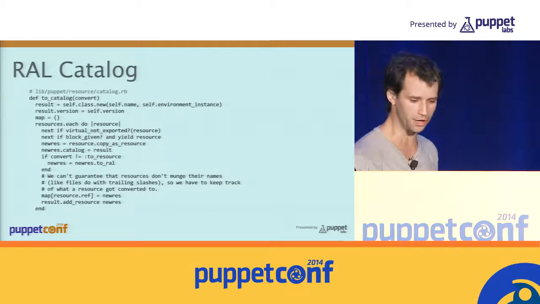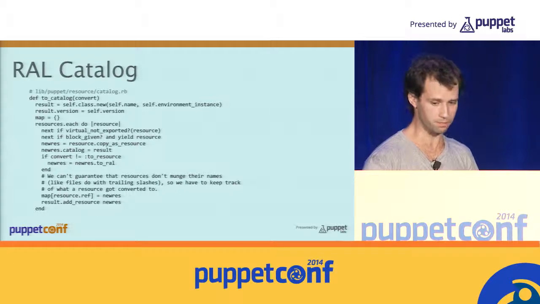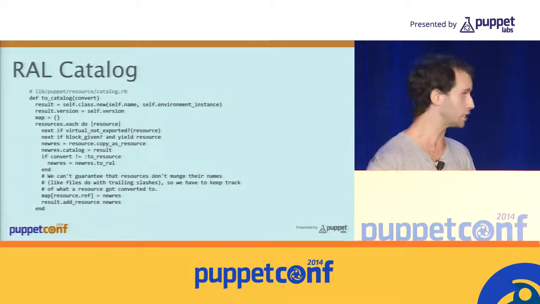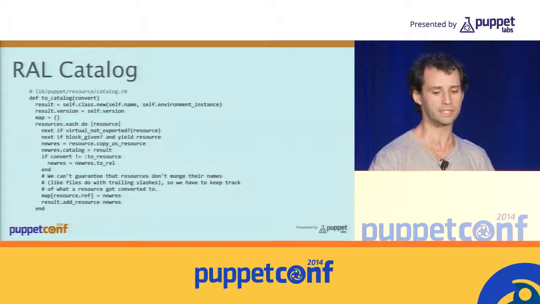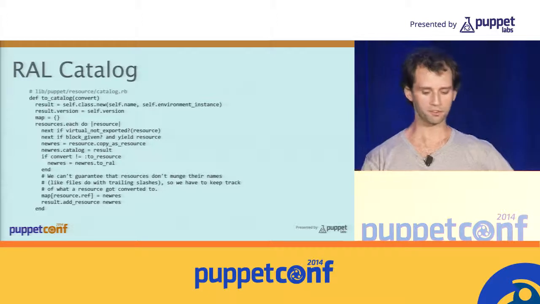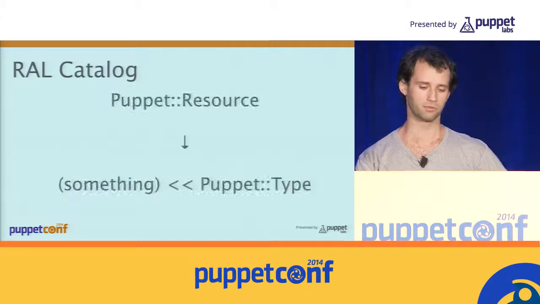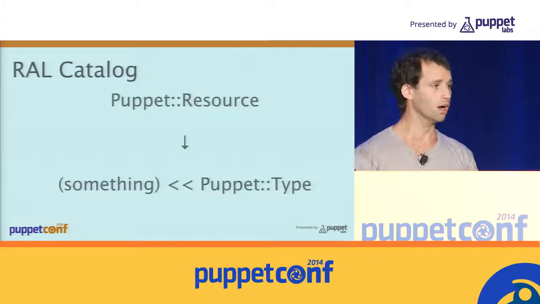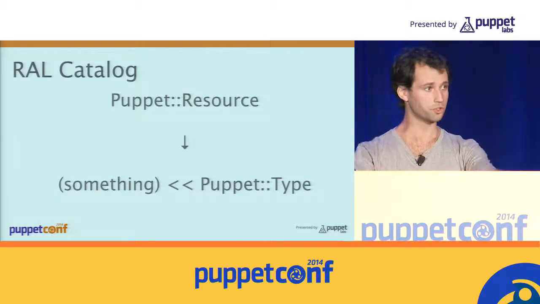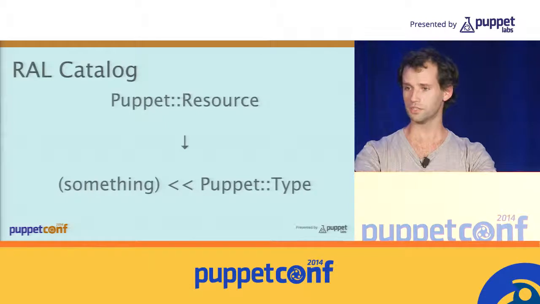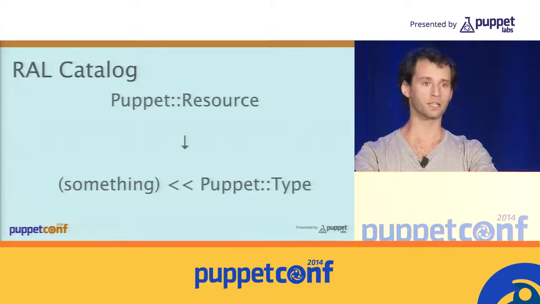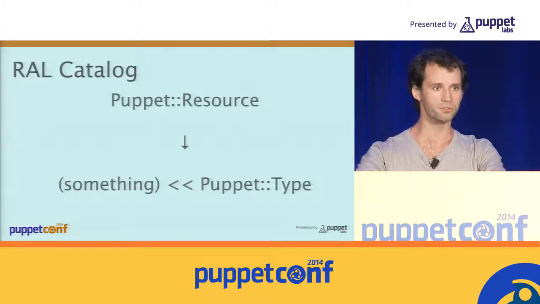This code path is a little hairy to get into deeply, but the result is that now instead of being plain data, all of these resources in the catalog are now instances of a resource type class, and each of those classes inherit from the Puppet type class. There's a lot of metaprogramming that goes into creating an instance of a Puppet resource type, but you see these in plugins, like in modules from Puppet Forge that implement custom resource types and custom providers.